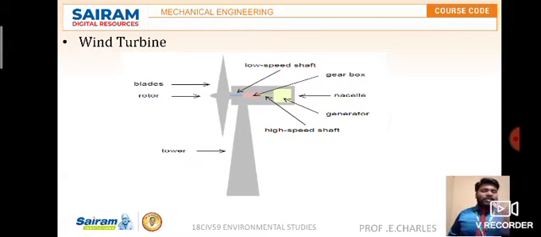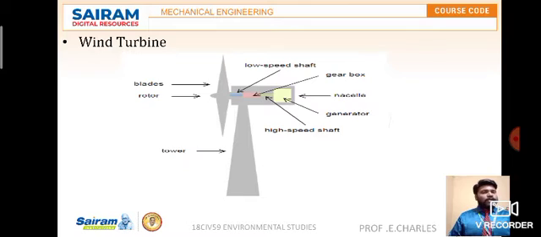In this electric generator, there will be a magnetic material. You know how electricity is produced from the electrical generator; electrical students will understand even better. There will be a magnet, and coils are wound around it. When it rotates, magnetic flux is produced, the coil cuts the magnetic flux, and then EMF is induced.